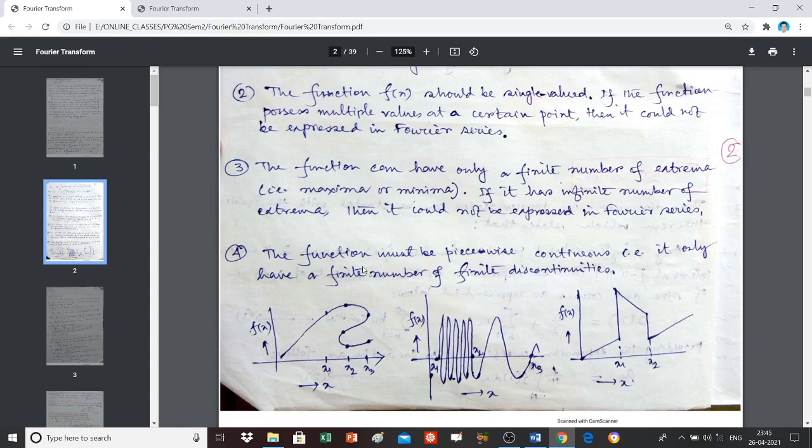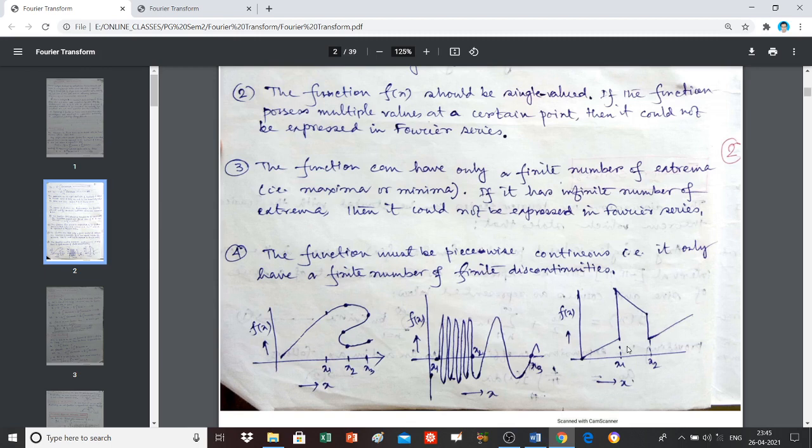And the number four condition is that the function must be piecewise continuous. At least it should be piecewise continuous. If the function f(x) is continuous or at least piecewise continuous, then it can be expressed in terms of Fourier series.